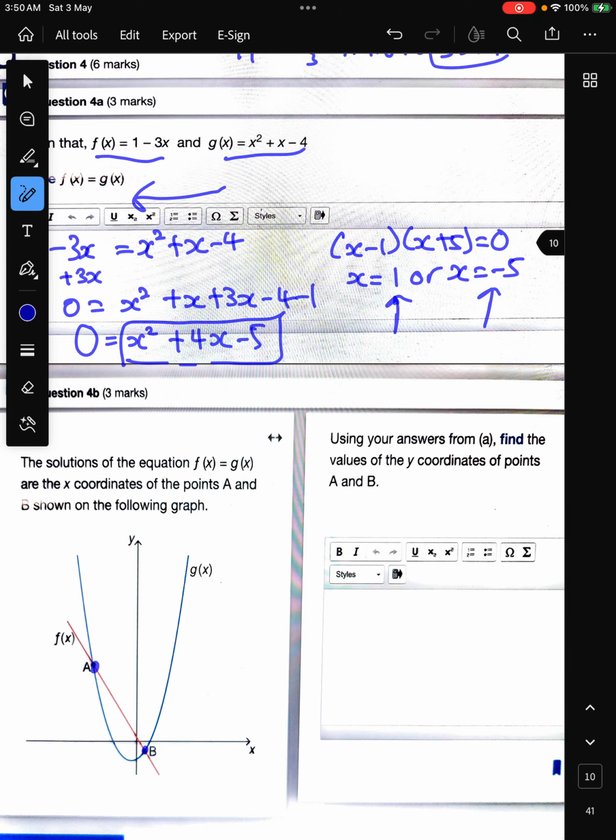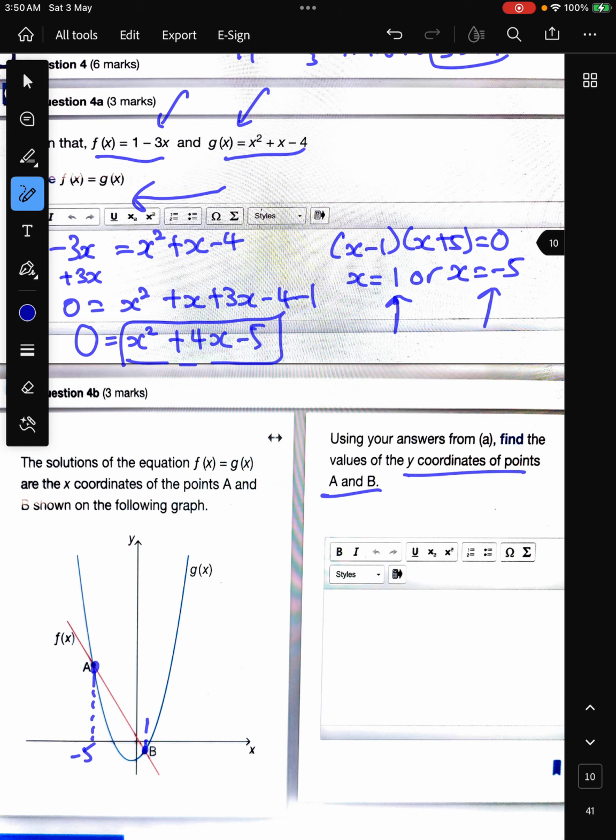Now, we know that we have two answers for x, which are -5 and 1. So it's quite obvious that for A, the x coordinate has to be -5, and for B, the x coordinate needs to be 1. But the question says that we need to find the y coordinates of A and B. Then all we need to do is substitute these two numbers into either of these two equations to find the y value.